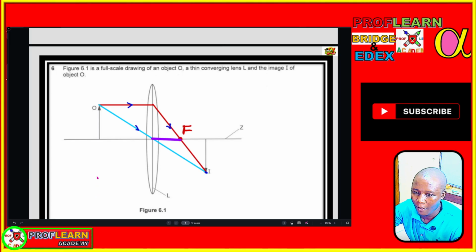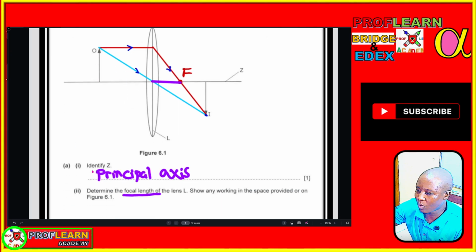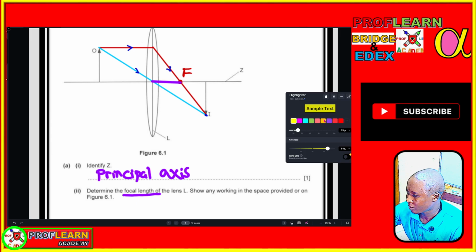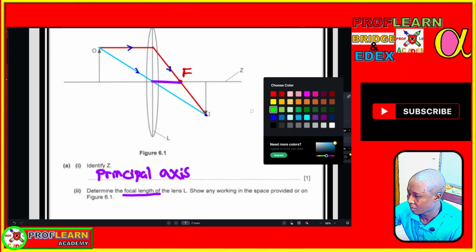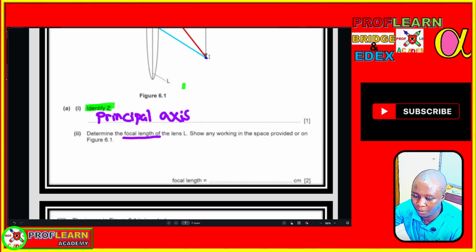The diagram shows a full-scale drawing of an object with a thin lens and the image of the object. Candidates were asked to label or identify Z, and Z is this line that we are having here, which means the student was supposed to say that it is the principal axis.